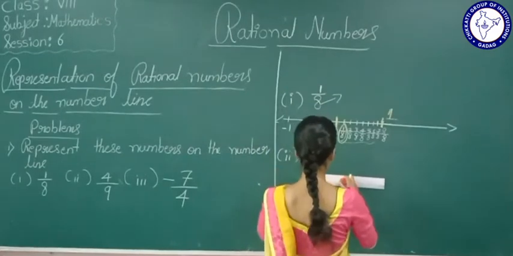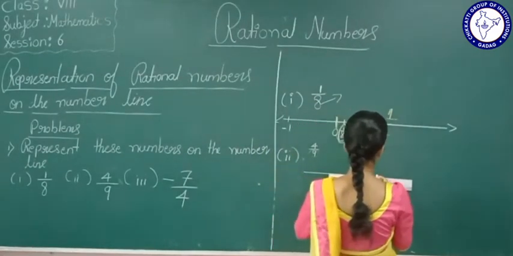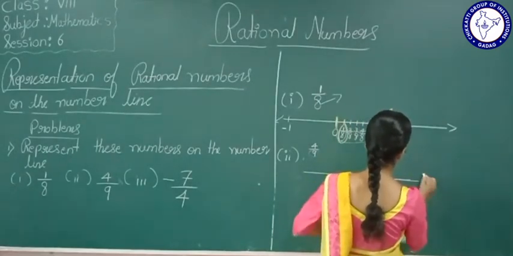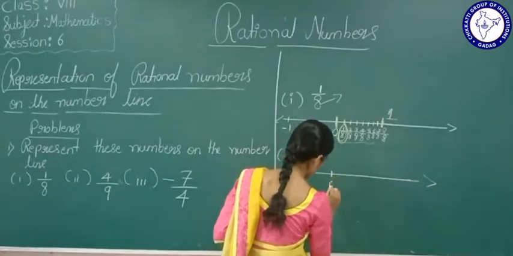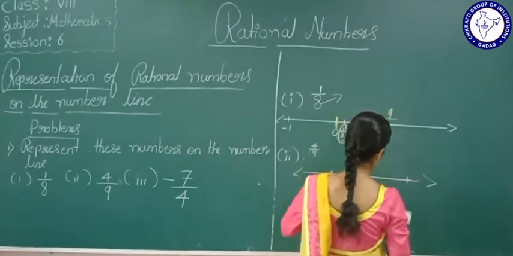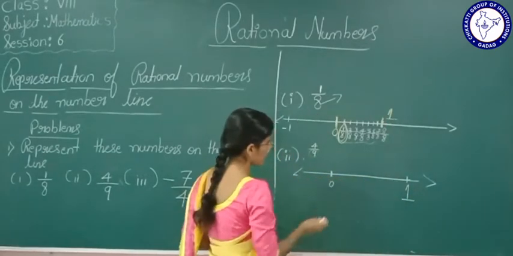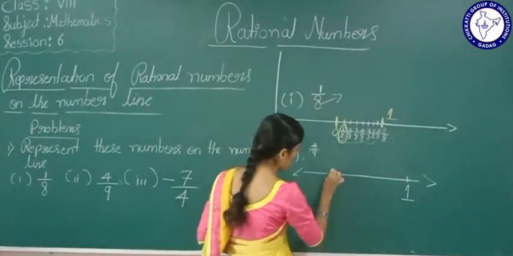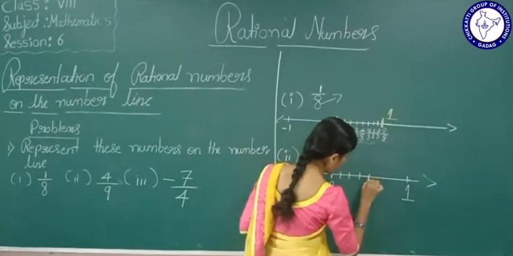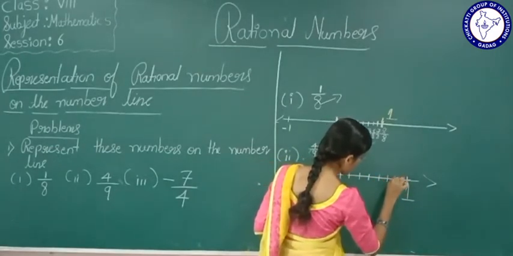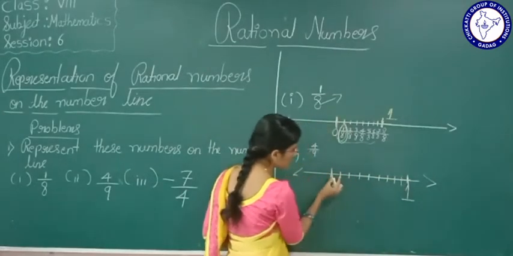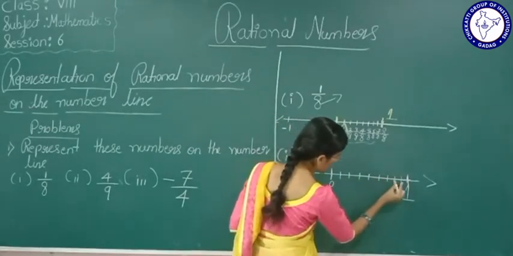You know 4 by 9 will lie between 0 and 1, and we have to divide it into 9 equal parts. 1 part, 2 part, 3, 4, 5, 6, 7, 8, 9.